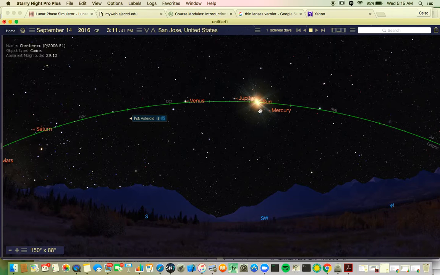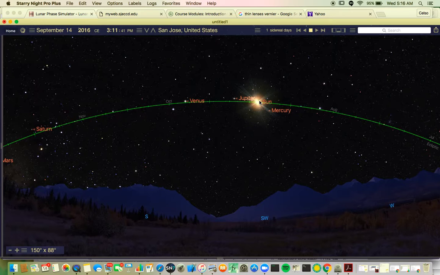What I'm also doing here is displaying the location of all planets and some asteroids and some important objects. Okay, so the time now will be flowing one sidereal day each time.